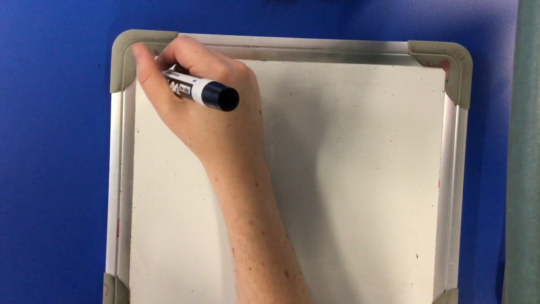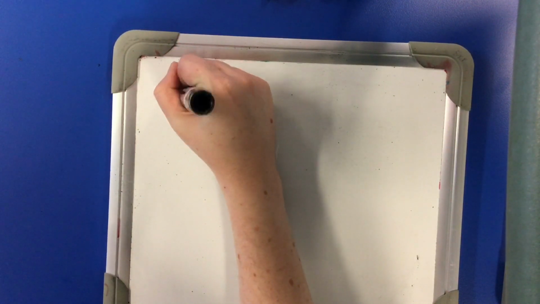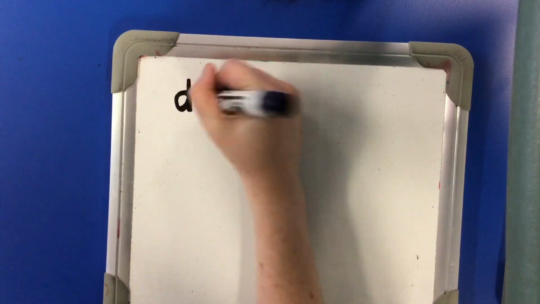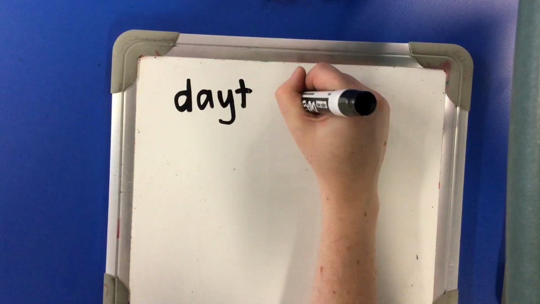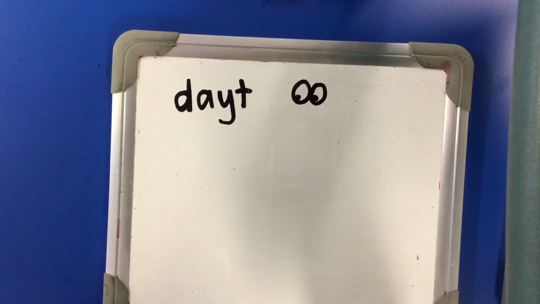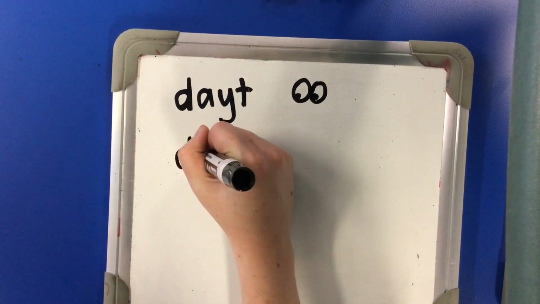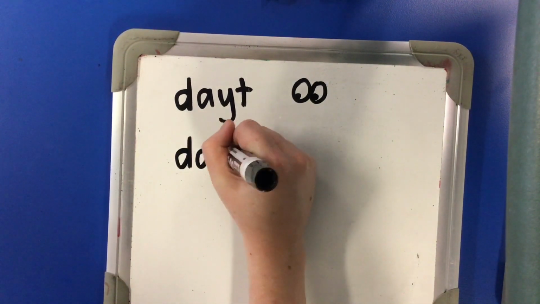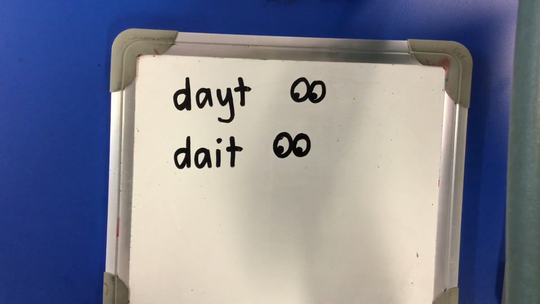Let's say I wanted to write date, as in today's date is the 5th of May. Let me try. Date. I could write it like this, but does that look right? I'd better try again. Does that look right?